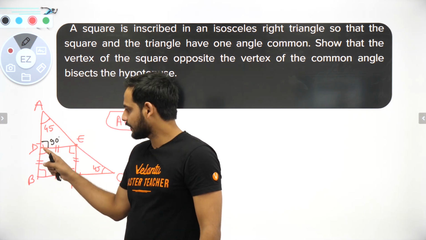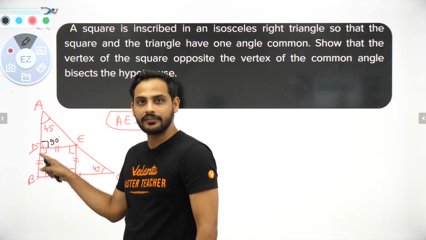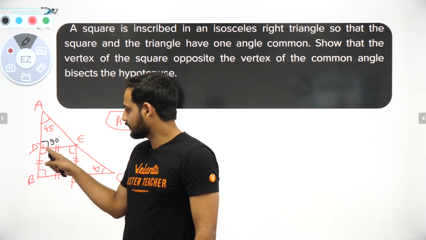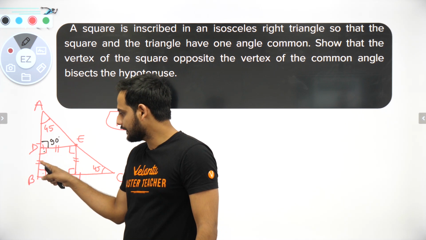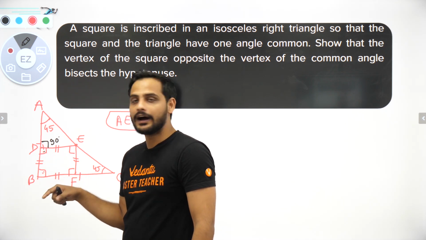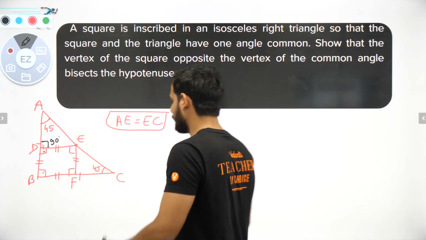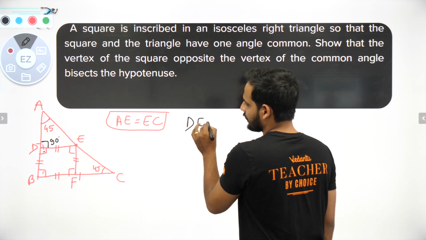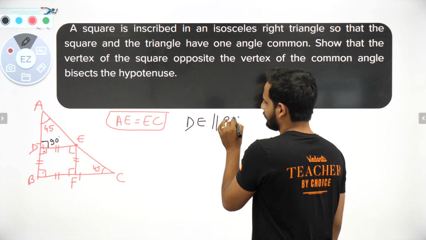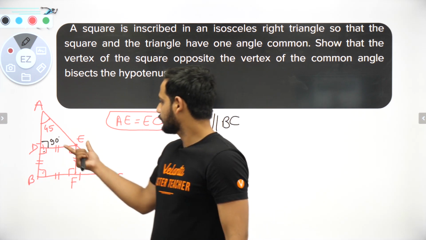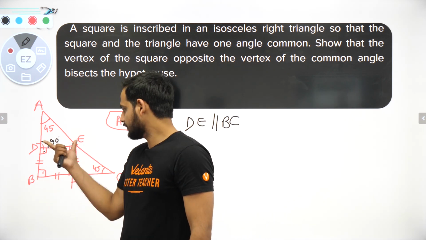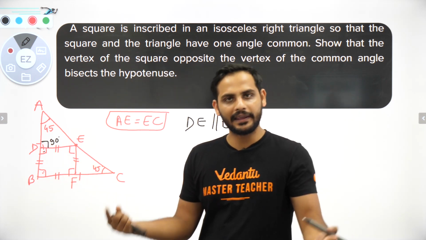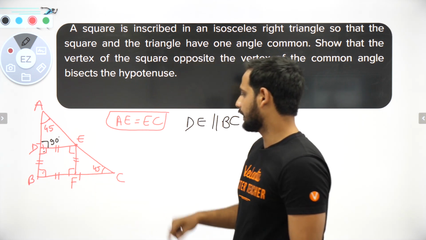Since the interior consecutive angles formed are supplementary to each other, I can say that DE is parallel to BC. Or also, since it was a square, DE is parallel to BF, which means DE is parallel to BC as well. So in many ways you can prove that DE is parallel to BC.